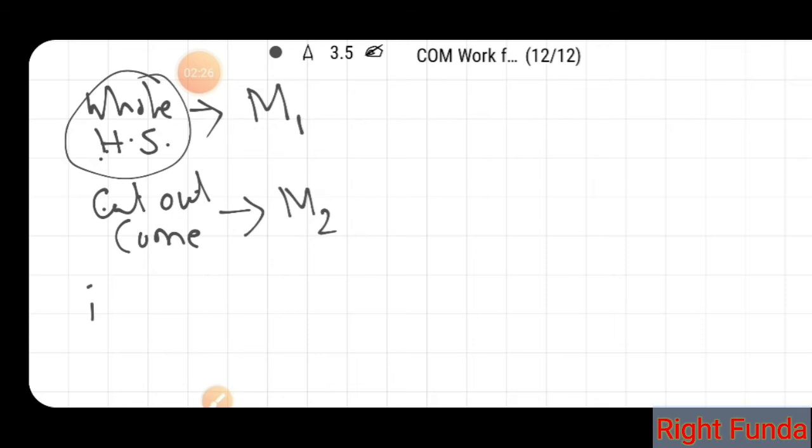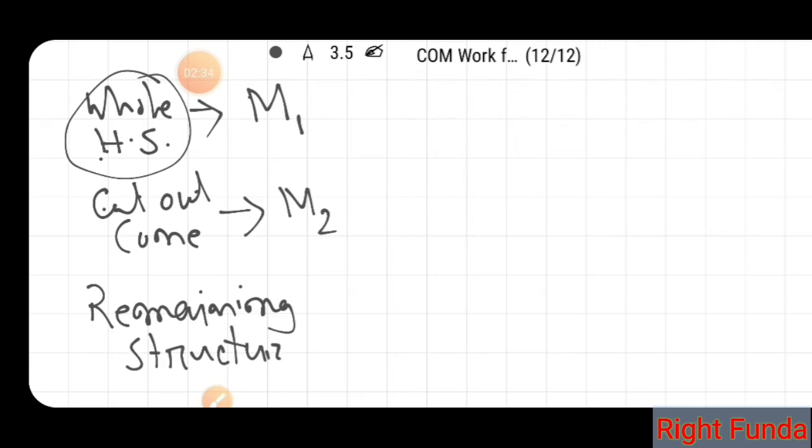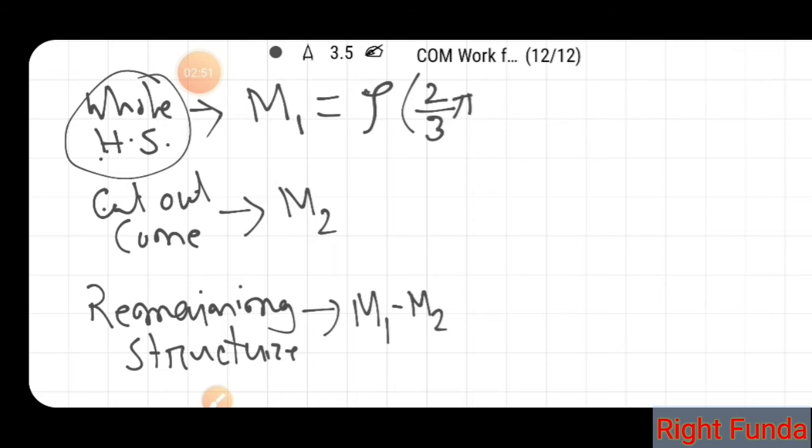So the remaining structure, its mass will be equal to m1 minus m2. So let's calculate m1. What will m1 be? m1 will be equal to, if rho is the mass density, mass per unit volume, then 2 by 3 rho pi r cube.